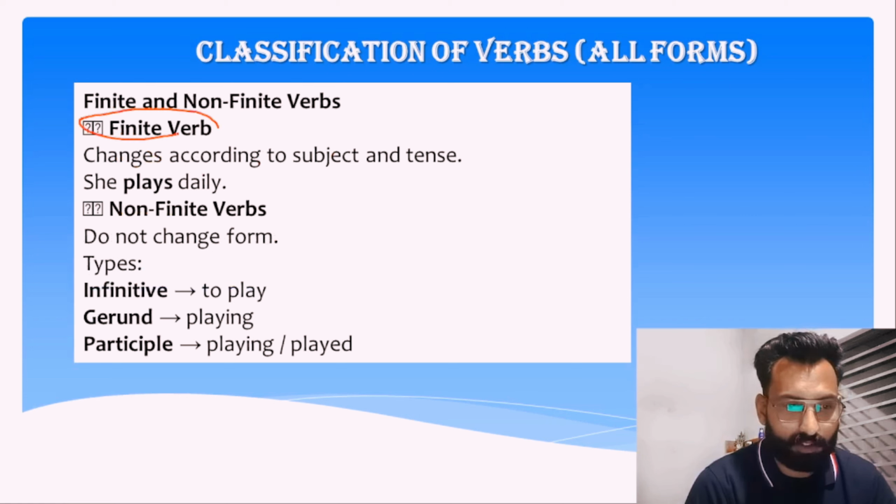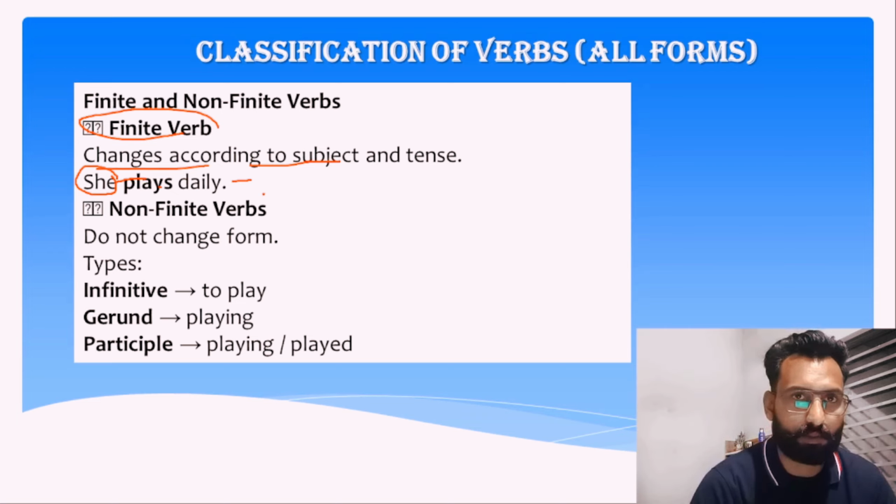Finite verbs change according to the subject and they demand a subject. For example, she plays daily. Who plays daily? She. So it demands a subject and changes according to subject. If we use here they, then it will be they play daily. So the verb form changes according to the subject and it demands a subject.